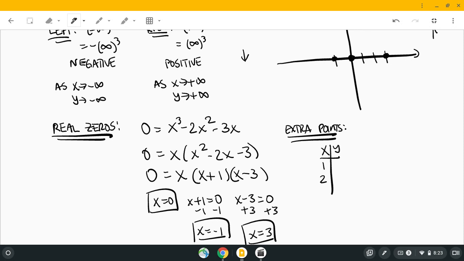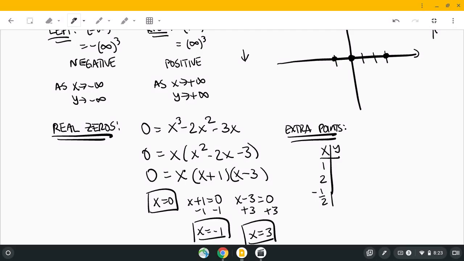And we really should get something in between here, so negative 1/2. Use your calculator. Okay, since I have the factors over here, I'm just going to plug in here. So x equals 1.